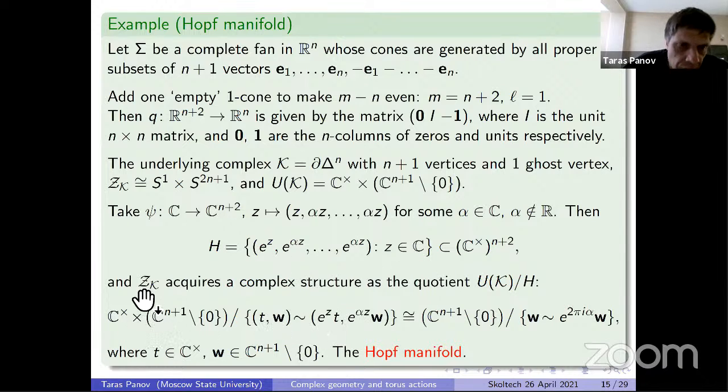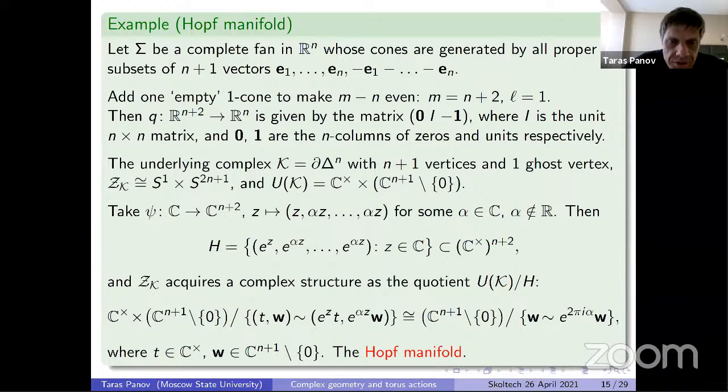Write it like this, and then again you can take out this C first, and then in this example you'll have some identification, and these identifications are precisely the diagonalizable operator with eigenvalues like exponent of 2 pi i alpha. So this is just a diagonal matrix, and this alpha is not real, so the modulus of this eigenvalue is not 1.